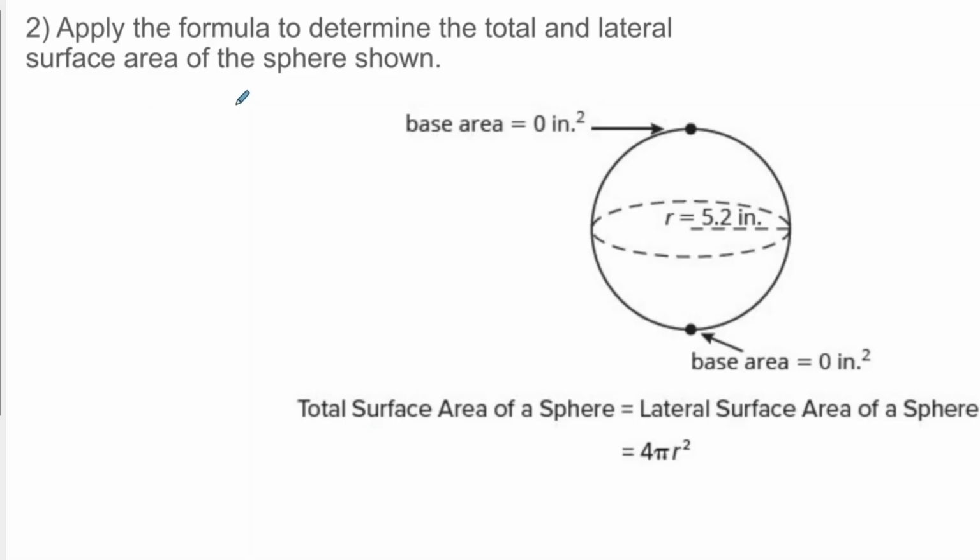Moving on to surface area of a sphere. Total surface area and lateral surface area are the same thing. The equation is 4 pi r squared. So you just got to remember that.